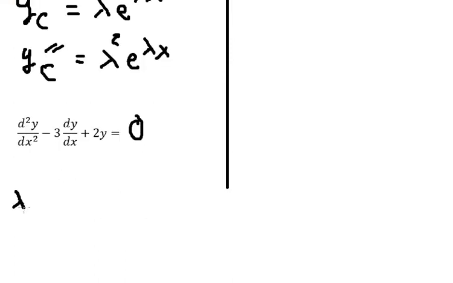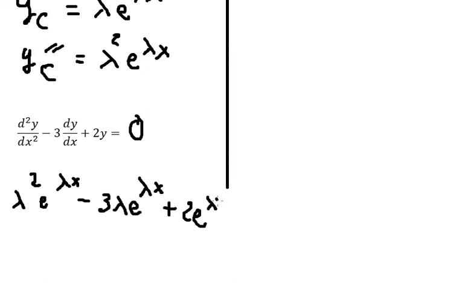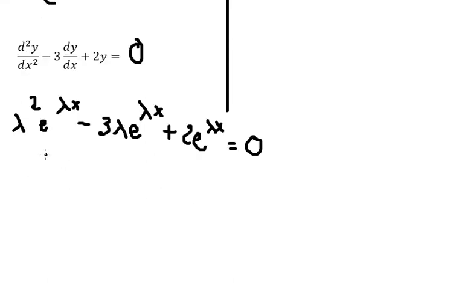So we have lambda squared e to the power of lambda s minus 3 lambda e to the power of lambda s plus 2 e to the power of lambda s equals 0. So we can do factorization by e to the power of lambda s.